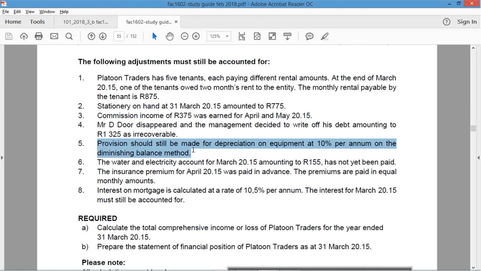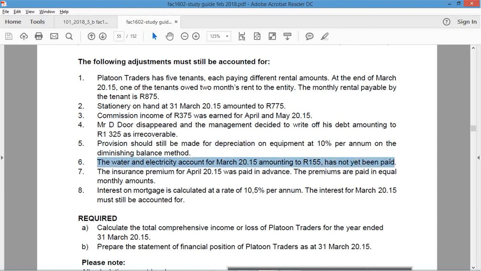If you're debiting equipment, that means you're increasing the asset. So depreciation. Yes. So the expense is going to go up and the accumulated depreciation, which is the negative asset, is going to go up. Okay. All right. Next.